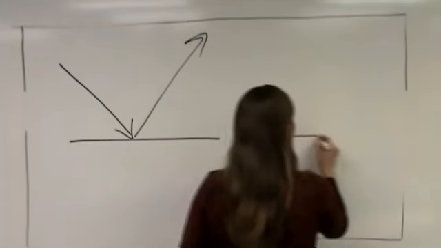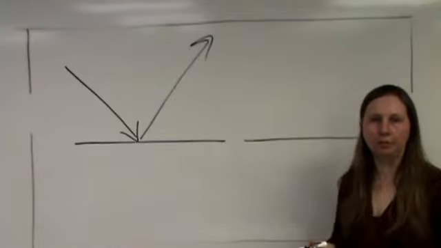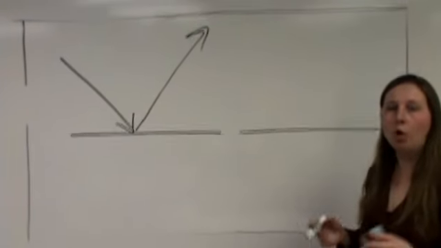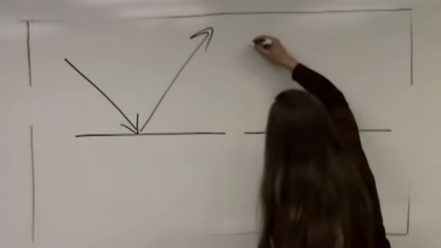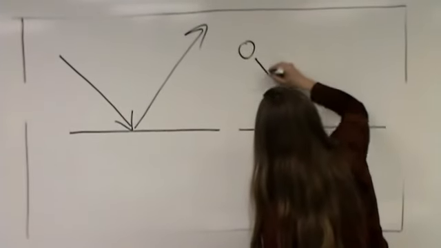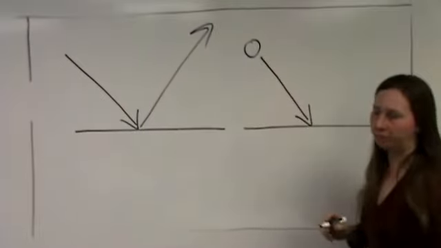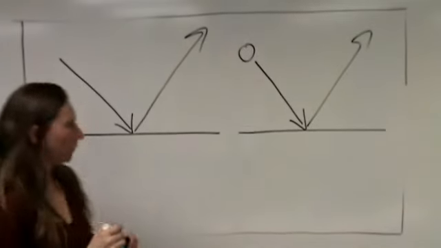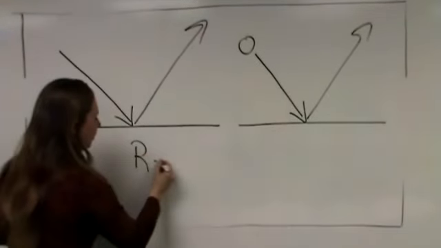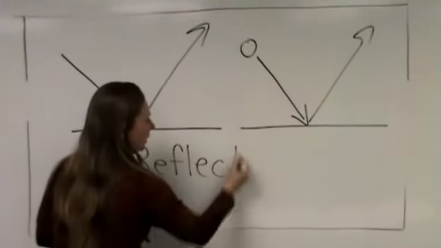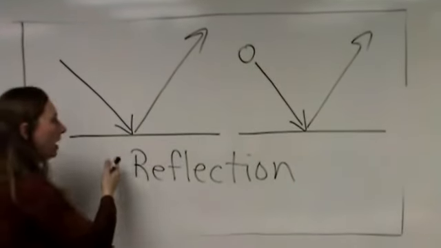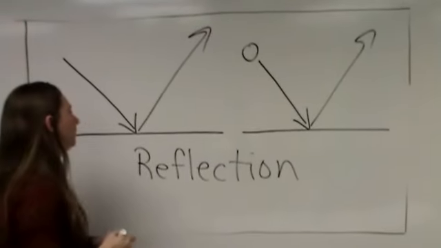But what about a particle? Like, for example, a ball, a regular ball, or a marble. If you throw the ball down at the ground, it will reflect off the ground. So you see, reflection does not prove whether light is a wave or a particle.